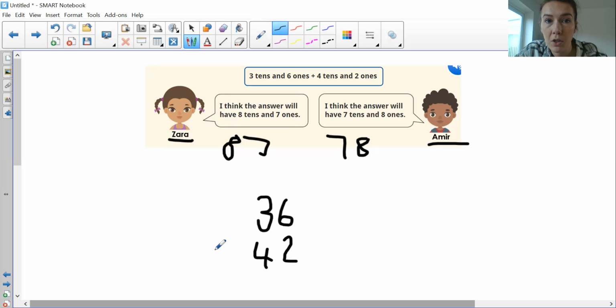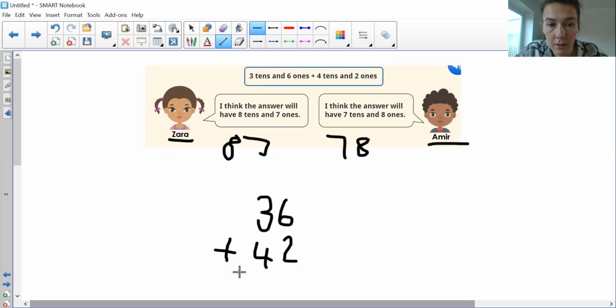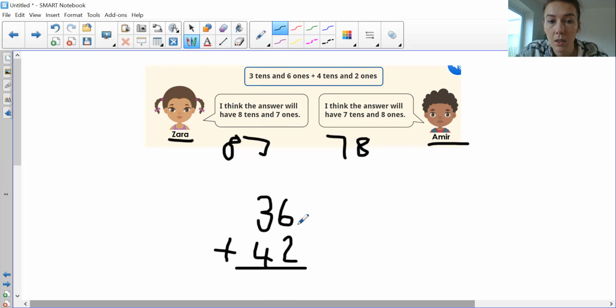We're thinking about the total, so we're adding 36 and 42. And then we are going to find the answer. So 6 add 2 is 8. And then 3 add 4 is going to be 7.